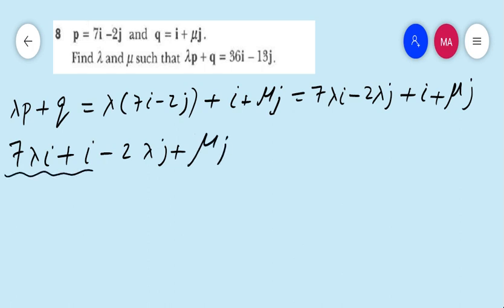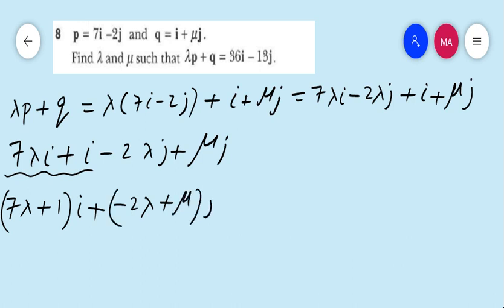Taking i common from these two, it is (7 lambda plus 1) i. Taking j, it is (minus 2 lambda plus mu) j. And this lambda P plus Q, according to the question, is equal to 36i minus 13j.